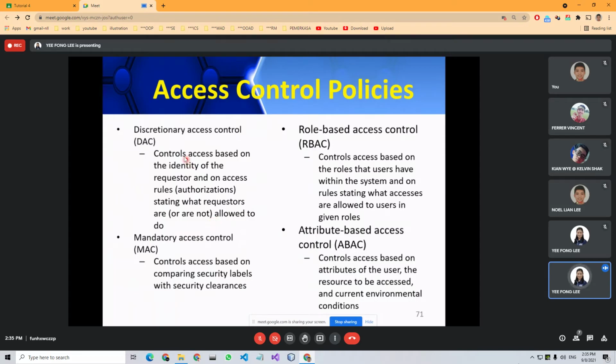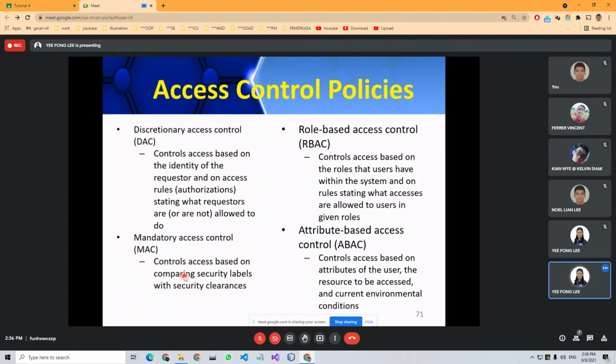So this is DAC. How about MAC, mandatory access control, to indicate how sensitive the system resources are and to indicate the system entity is eligible to access certain resources.